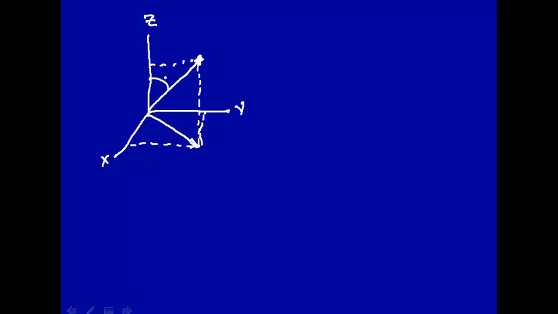Theta, recall, is this angle of the vector with the z-axis. That corresponds to latitude, if this is the North Pole. And this angle phi goes around here. That will correspond to longitude, again, if this sphere is oriented so this is the North Pole.